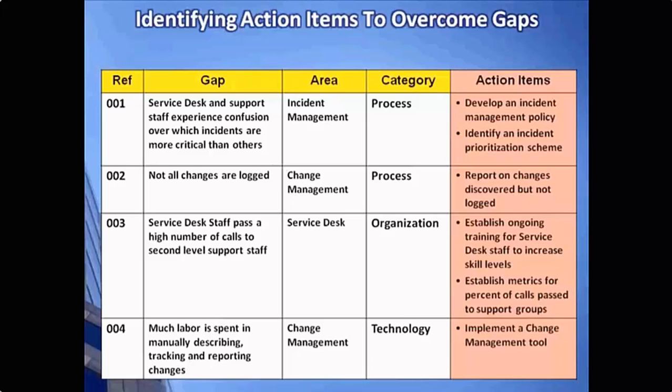We will also need to identify an incident prioritization scheme and document that as part of the policy. Those two items are now action items that, if put into place, would mitigate that gap of confusion over which incidents are more critical than others.